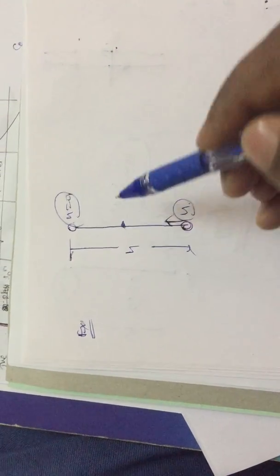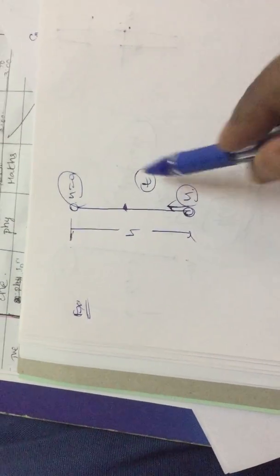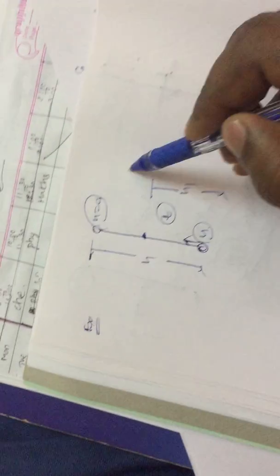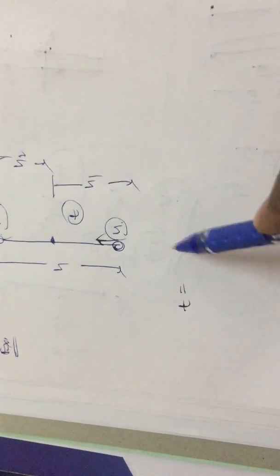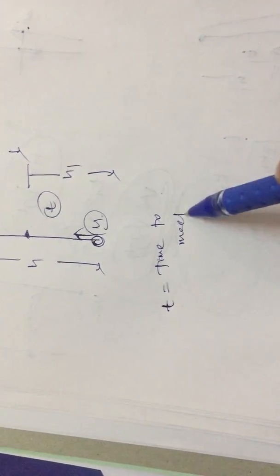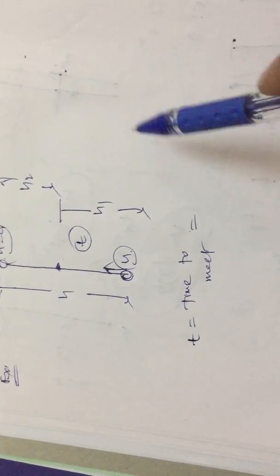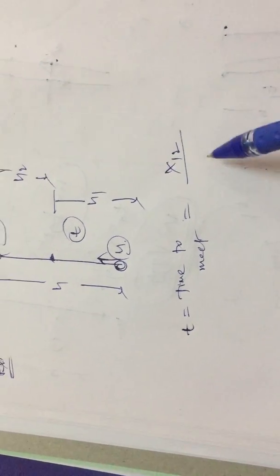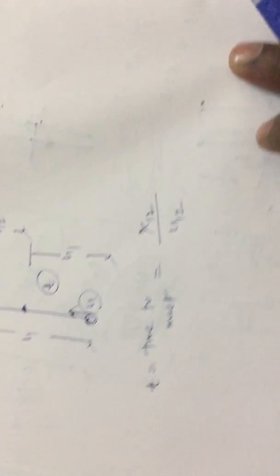Let them meet after some time t, at h1 height from the ground or h2 height from the top. Then the time to meet we can write as initial relative displacement by relative velocity.